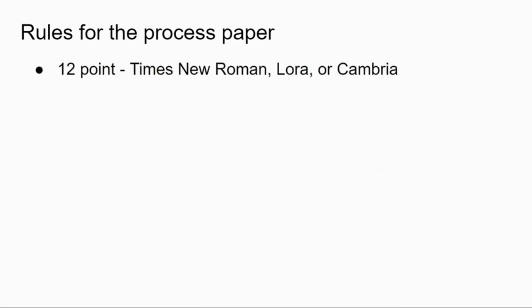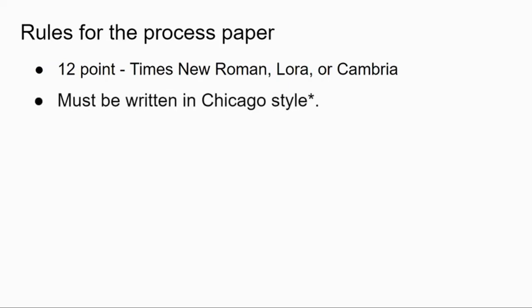So let's talk about rules real quickly. This is done in 12-point font. You can use Times New Roman, Calibri, or Cambria. So those are the 3 choices that you have, but it must be in 12-point. It has to be written in Chicago style.